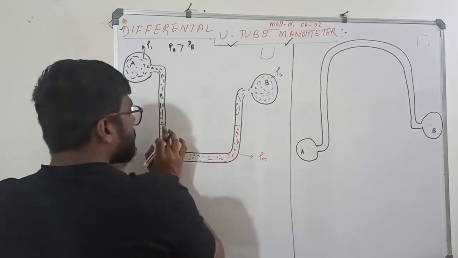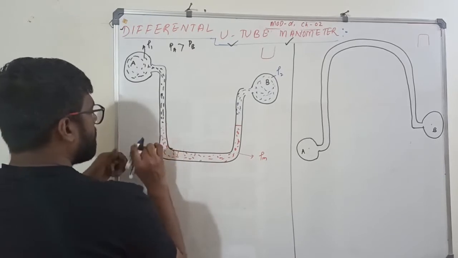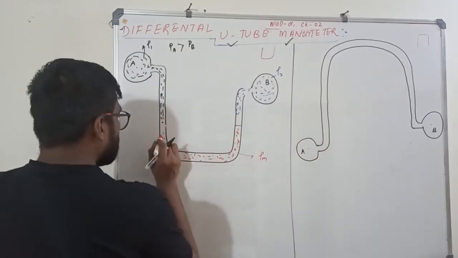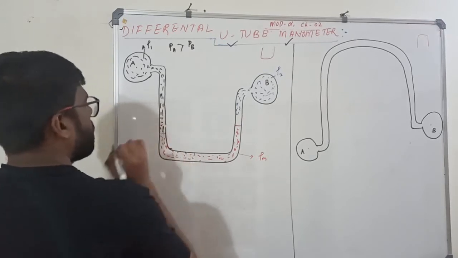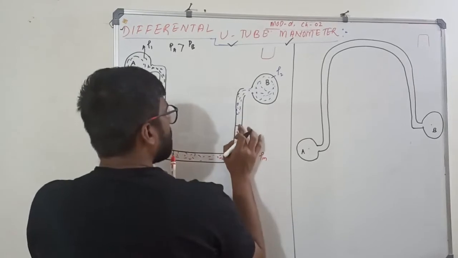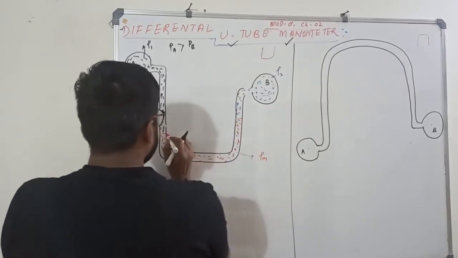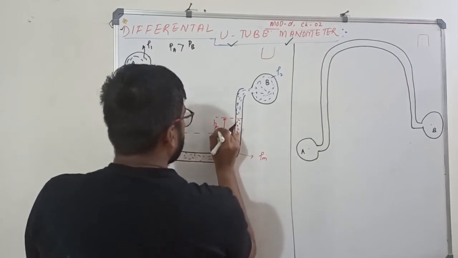So let us say after some time this portion decreased a bit, and here it got increased a bit. This is the difference in height of the manometric fluid, which I am writing as hm.